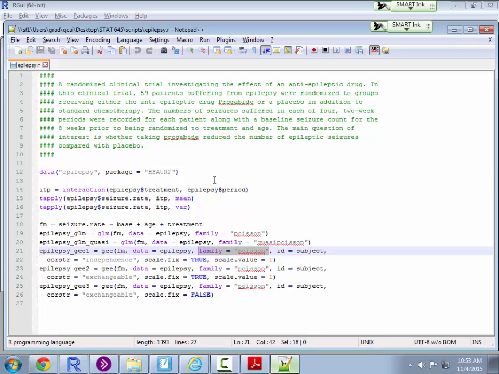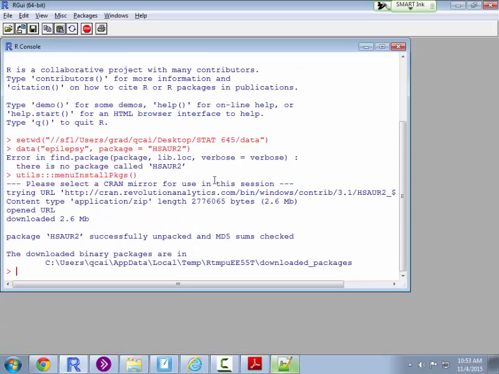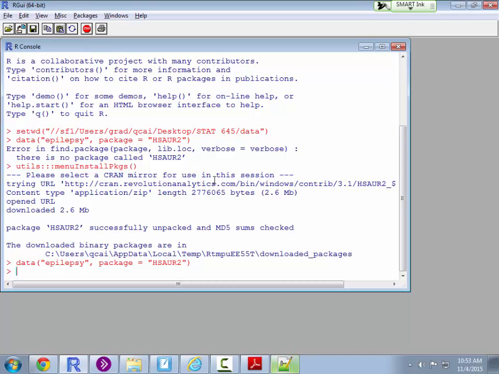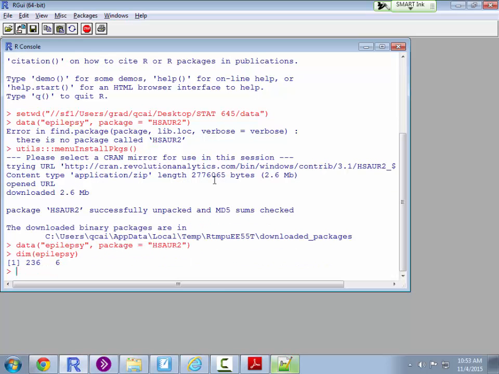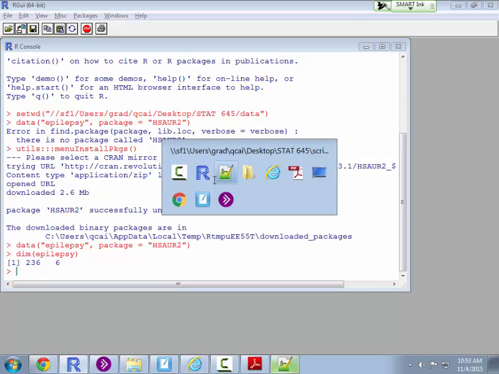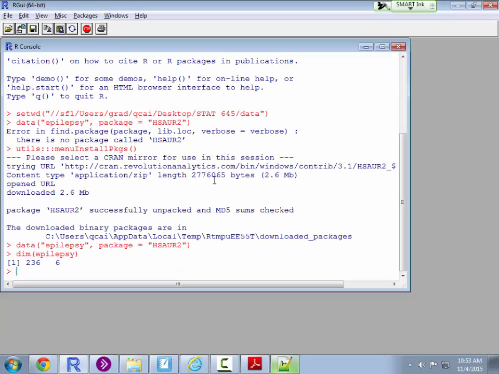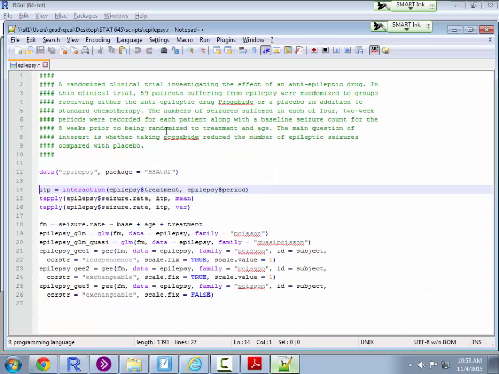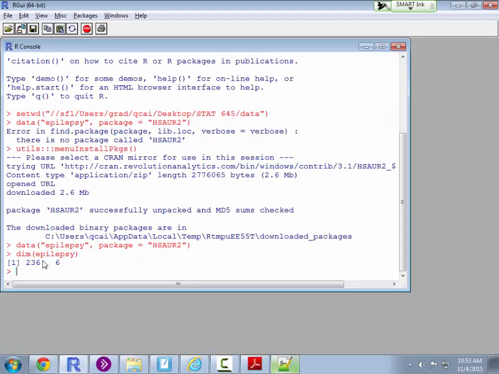Okay, so let's look at the data. It's 236 by 6. We have 59 patients, each of them measured 4 times, so that's where the 236 comes from.